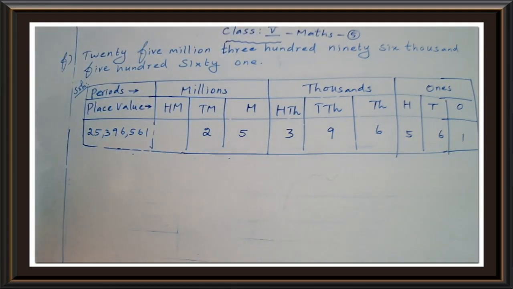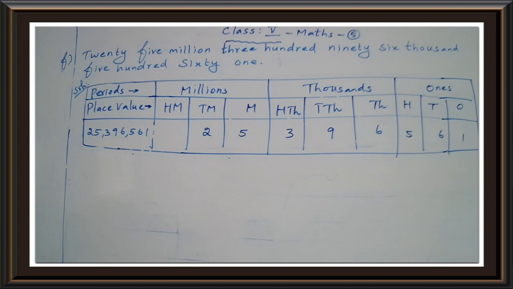Question number F. Your question is 25,396,561. You draw the international place value chart. The ones period consists of ones, tens, 100, and thousands period consists of 1,000, 10,000, and 100,000. Millions period consists of million, 10 million, and 100 million. Now you put the value. In your question, 25 million.